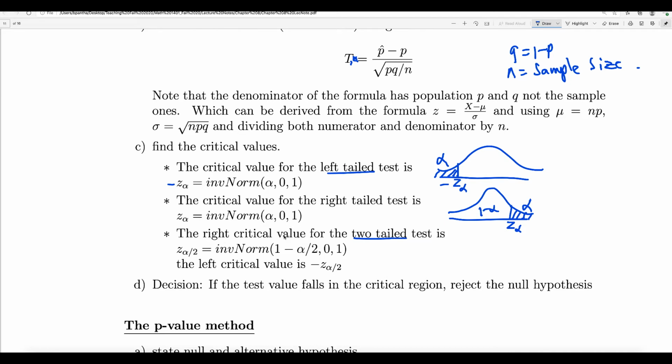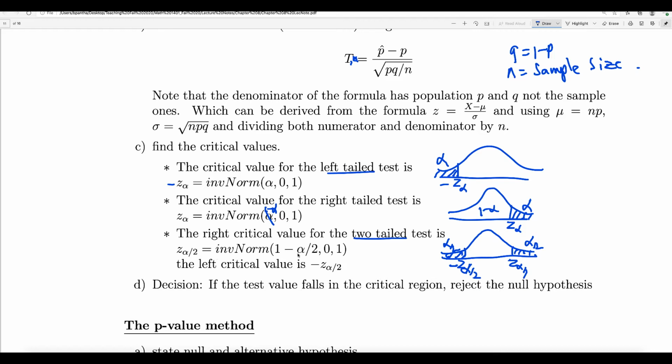For the two-tail test, you can find the left critical value, and for the other one, you use the same number with the sign changed. Alpha is divided into two halves: this is alpha half, this is another alpha half. So this is positive Z alpha half, and this is negative Z alpha half. Negative Z alpha half is inverse norm of alpha half.